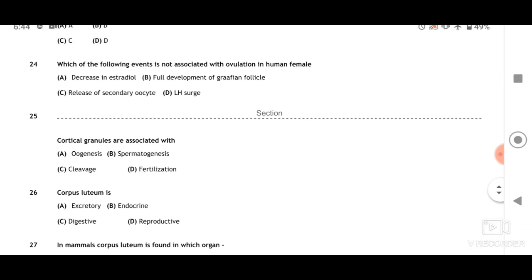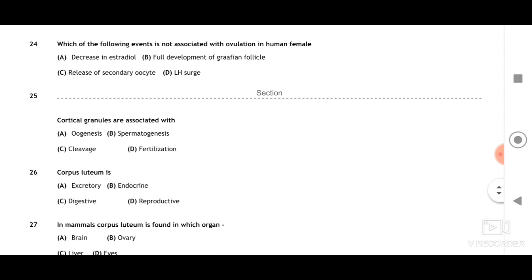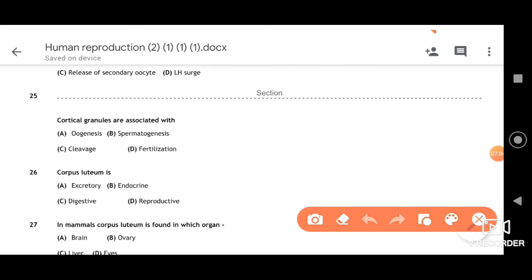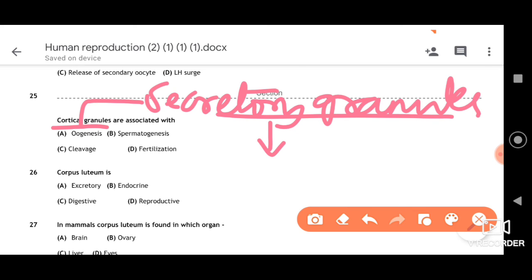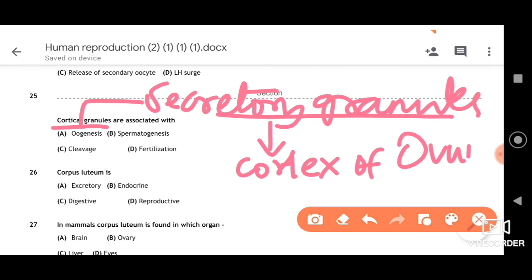Then, my dear friends, the next question we have here is about cortical granules. First of all, we need to understand what the cortical granules actually are. These are secretory granules, present in the cortex of the ovum or egg, the female gamete.